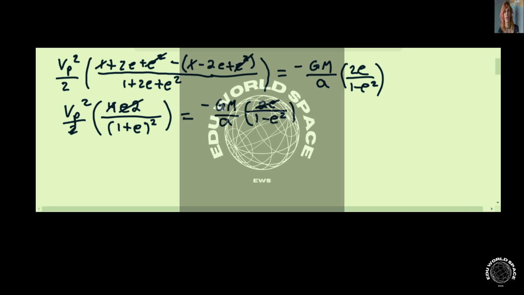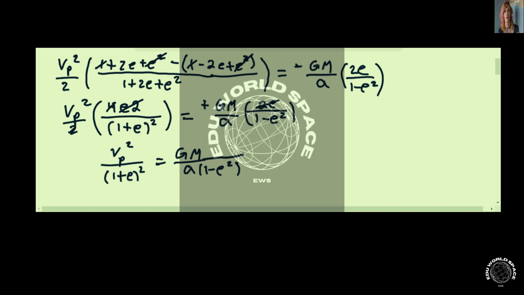So just simplifying what we have written currently, it's VP squared over 1 plus e squared equals, oh, we got rid of the negative as well. When we fixed that mistake earlier, we unfactored out the negative. All right, equals gm over a times 1 minus e squared in our denominator.